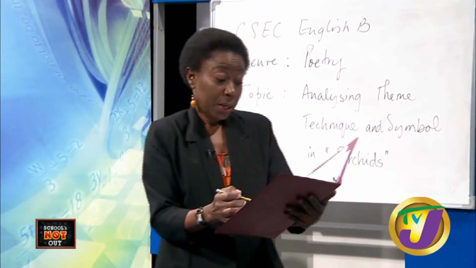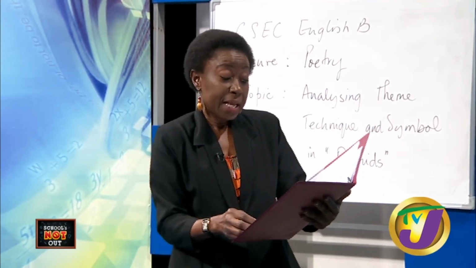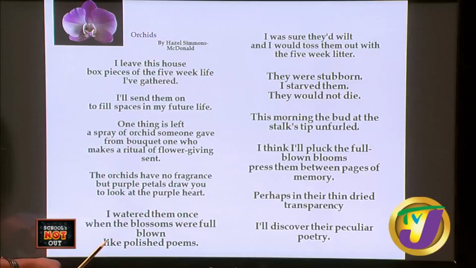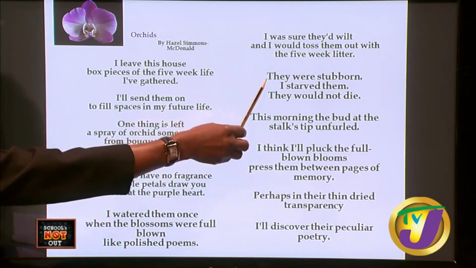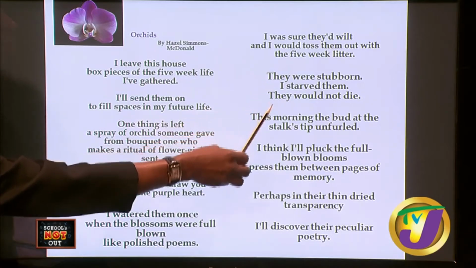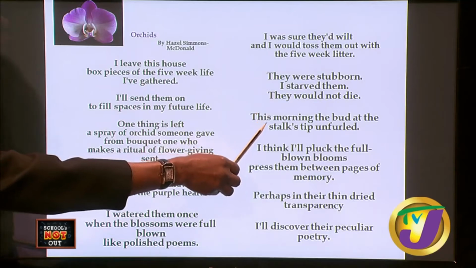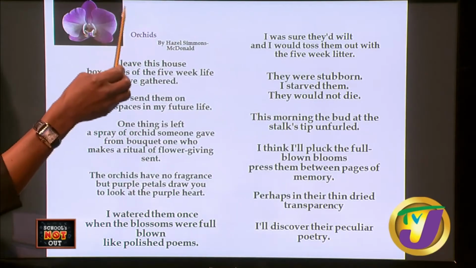And we saw that we were looking at the simile, like polished poems. The figurative expression, like here. Personification, they were stubborn. Unfurling of the bud, an image there of new life coming out.